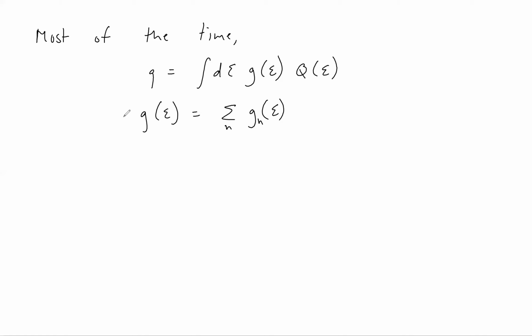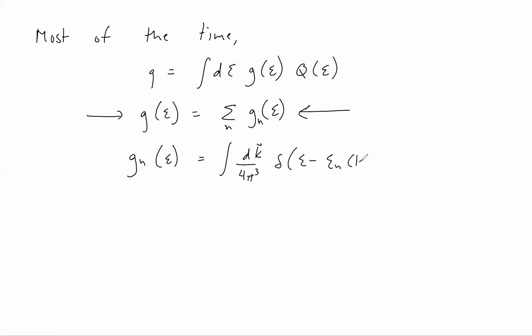In the case where we have multiple bands, we'll write the total density of states as the sum of the density of states of the individual bands. We'll say that the density of states of band n at energy E can be written in the following way. This is a little bit of a different definition than we wrote down before. It still has the same meaning.